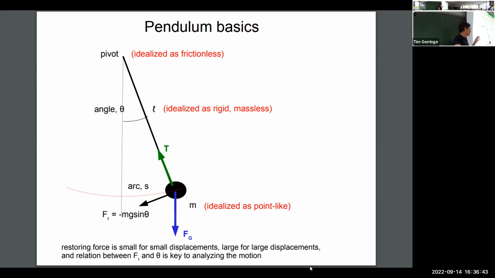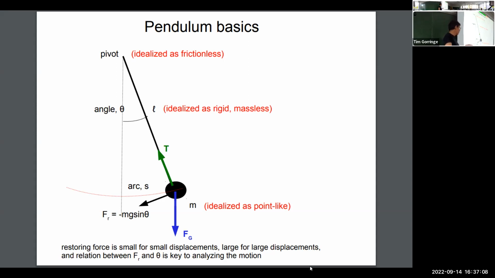When we think about the pendulum, we often think about this idealized pendulum where, for example, the pivot has no friction, it's frictionless. The string, the cable, is idealized as rigid. It doesn't stretch as the pendulum swings backwards and forwards, and it's idealized as massless.